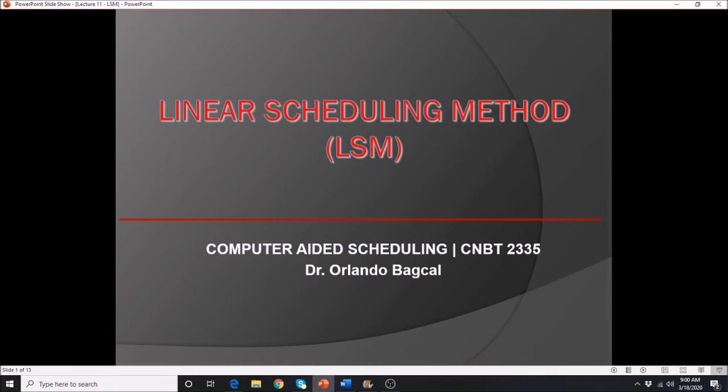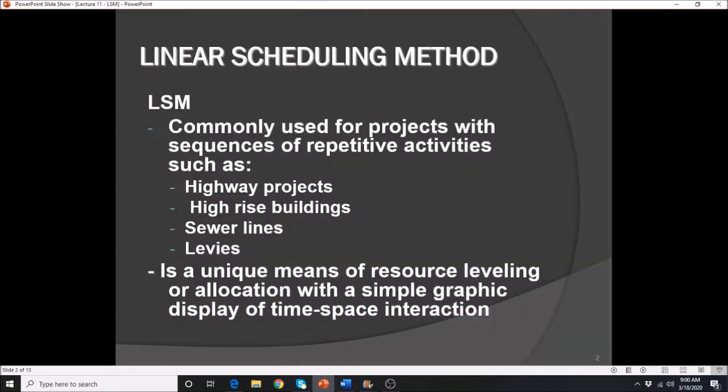So with that, we're now moving into the third scheduling method. We call it the linear scheduling method. Again, LSM is commonly used for projects with sequences of repetitive activities.